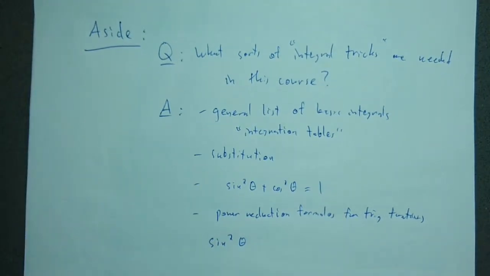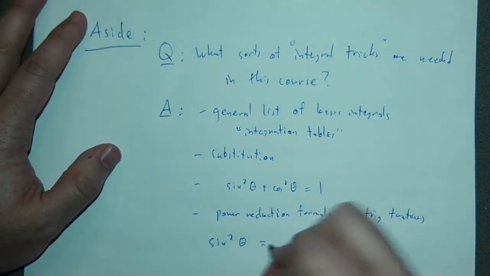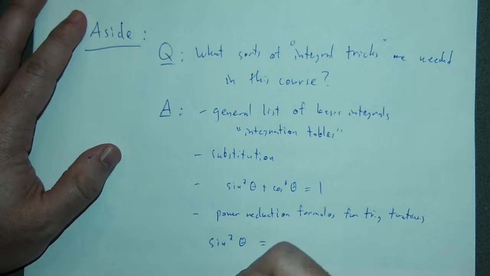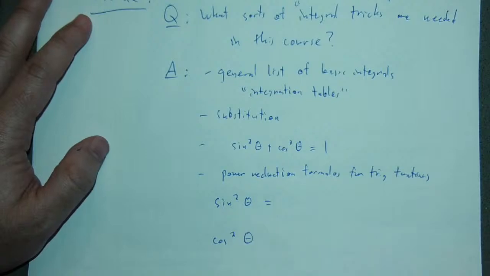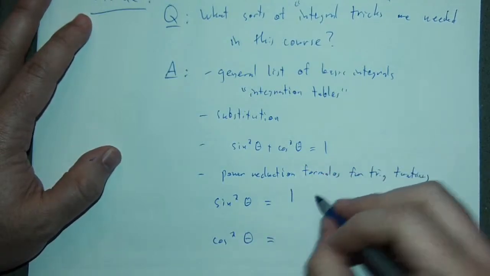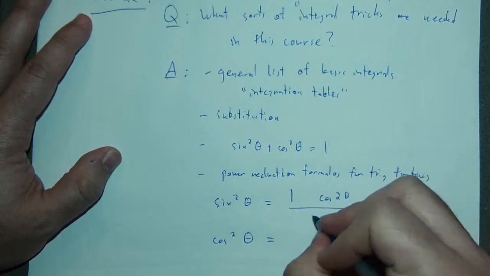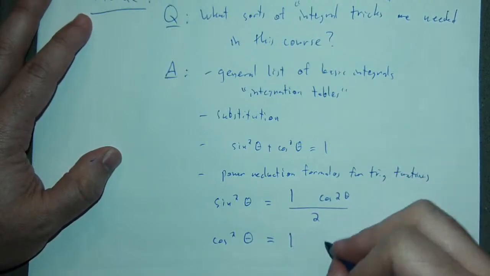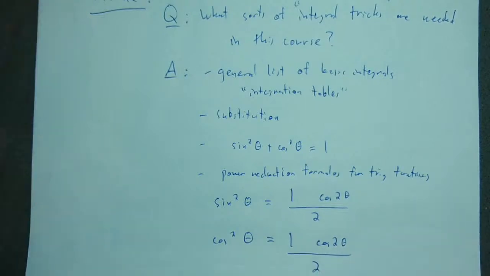Now, how do I remember what goes here? When I'm reducing sine squared and cosine squared, here's how I remember them after all these years. Both of them have the exact same form: 1, then something, and then cosine of 2 theta, over 2. The question is, can you remember which one has the plus and which one has the minus?